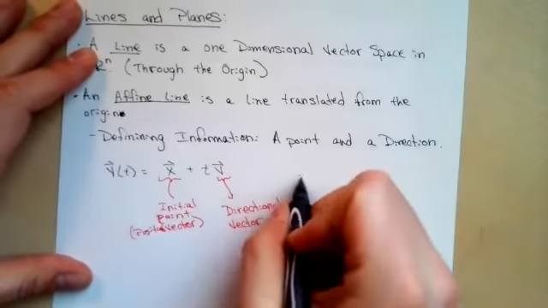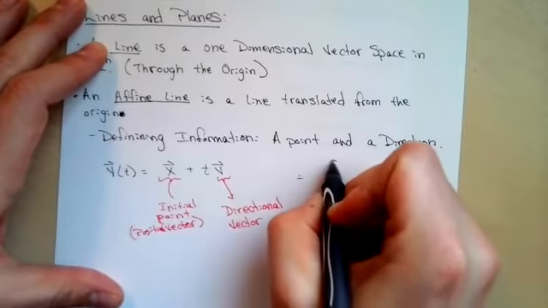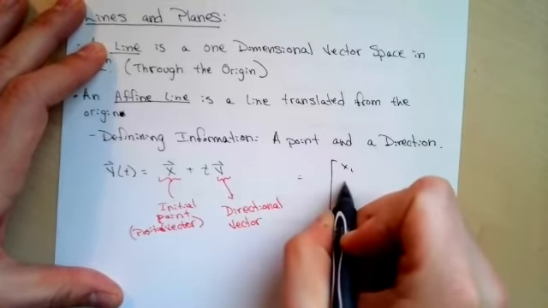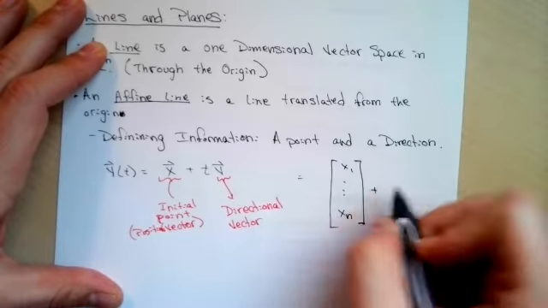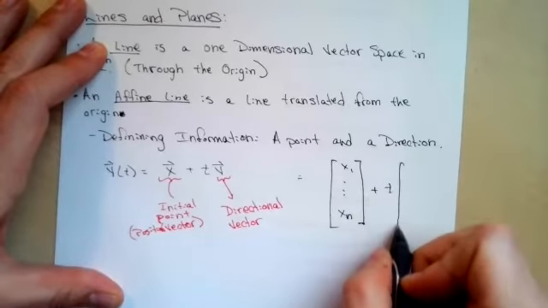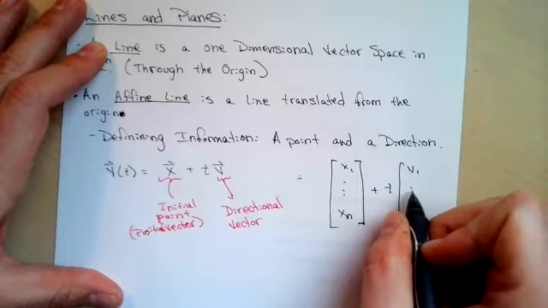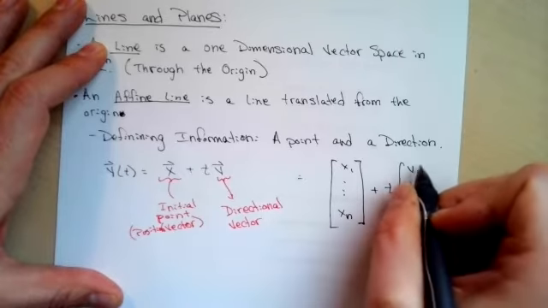So if we were to write this out a little bit more in terms of our components, we've just got our x1 to xn plus t times v1 to vn.